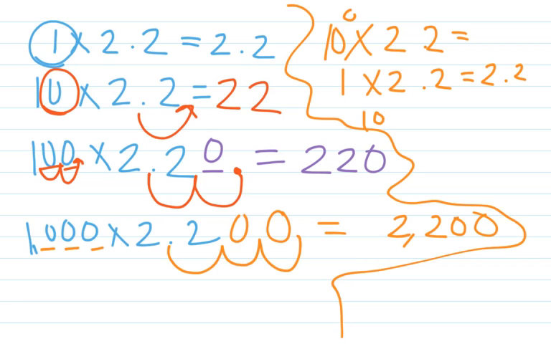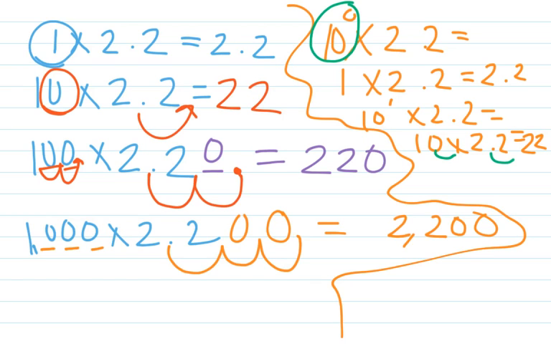If we have 10 to the first power times 2 and 2/10, it's really like saying 10 times 1, which is 10, and 10 times 2 would give you 22. Again, you can see that the place value patterns pick up in the same accord, but this time we're just using powers of 10.